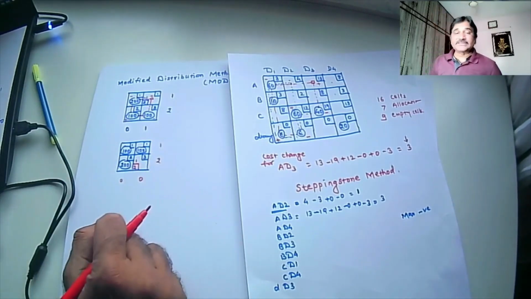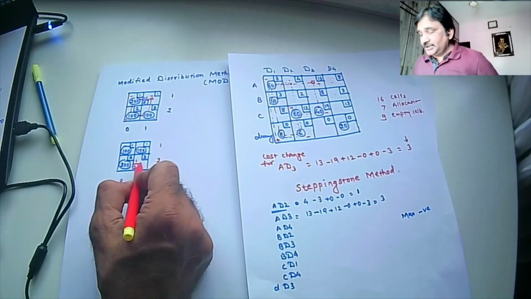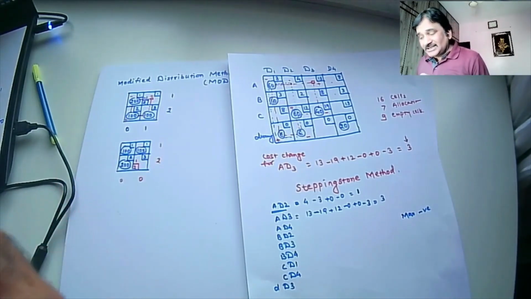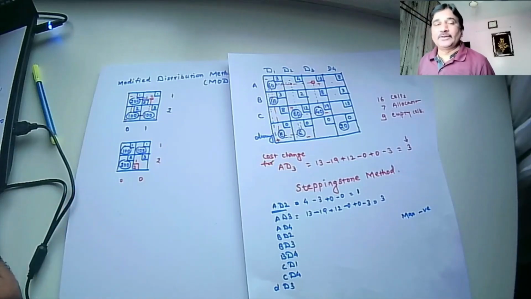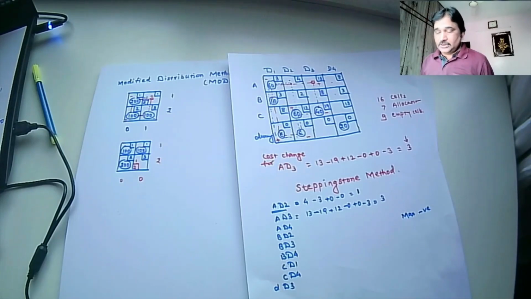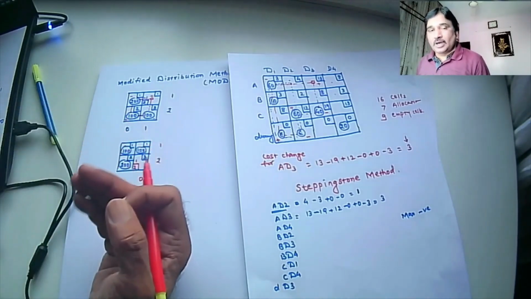What does that mean? The saving potential of this cell is 1. 1 means it will increase the transportation cost by 1 rupee. If this is negative, then it really saves. If it is positive, then it adds to cost.